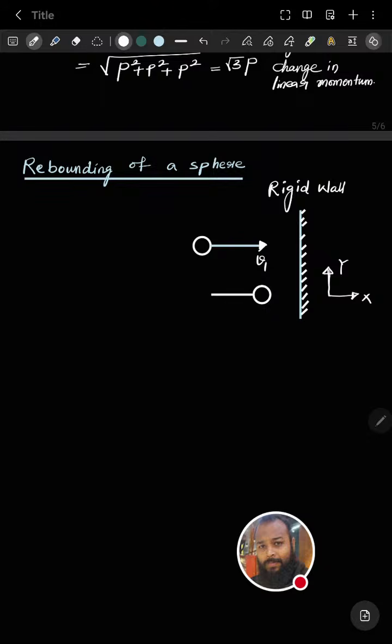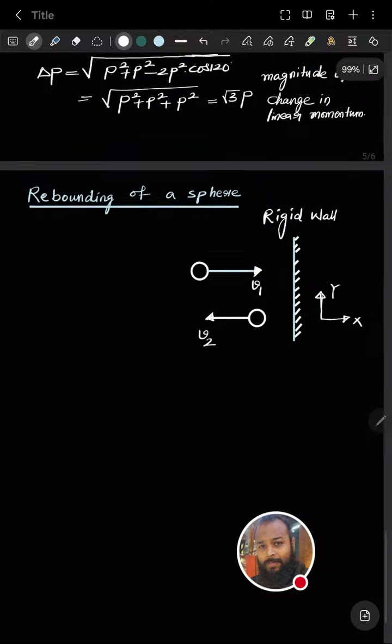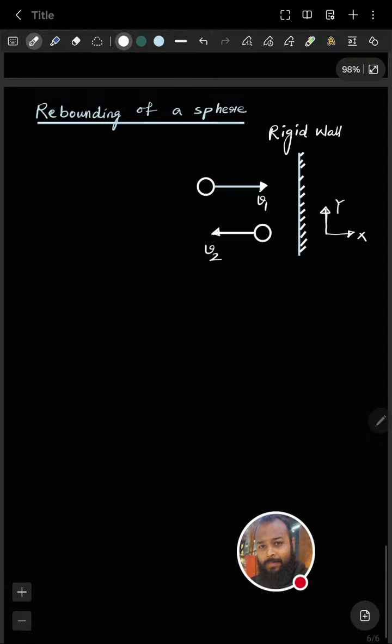So when it hits the wall and rebounds, it means the wall is exerting some force on it, right? Bounce back is called rebound. Let's say it will come out with a velocity v2 this time, hitting with velocity v1 and coming back with velocity v2. So the sphere hit the rigid wall and came back.